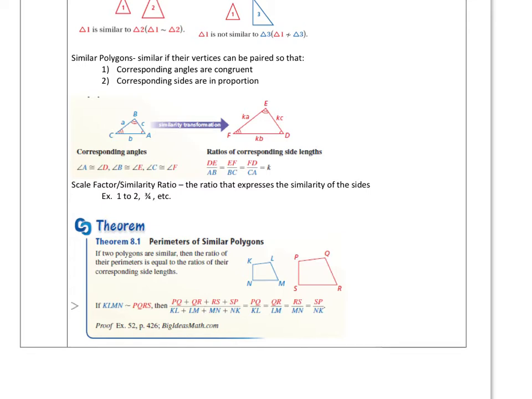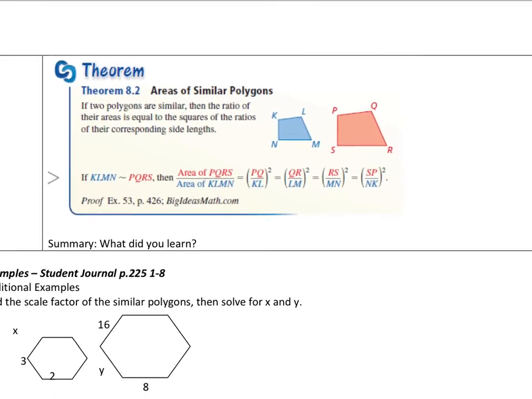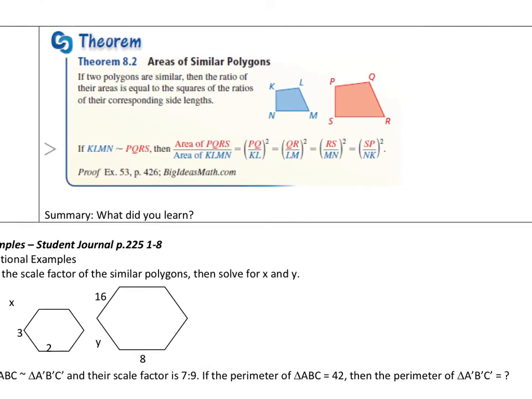Over here, perimeters will still be similar. So what this is telling me is if I have these two similar polygons, then the perimeters will share that same exact similarity ratio as well. Moving on, area is a little bit different. Notice the units on area, it's squared.